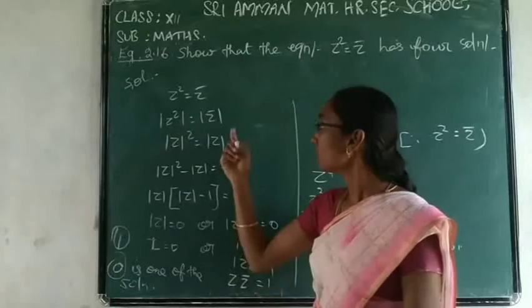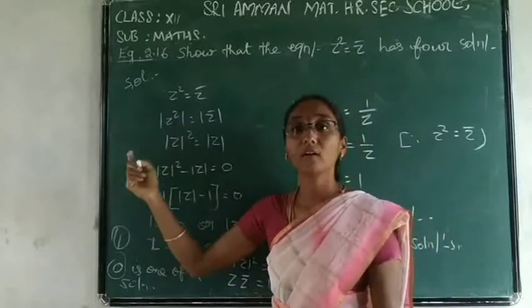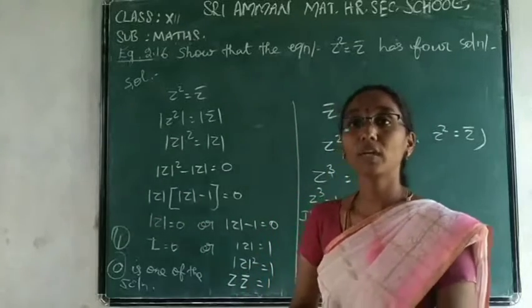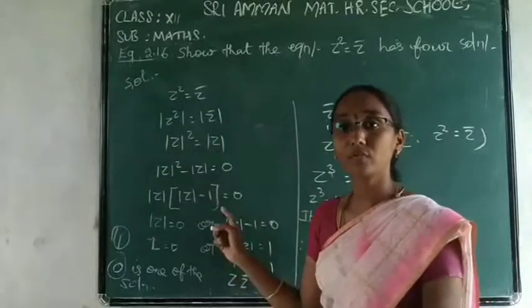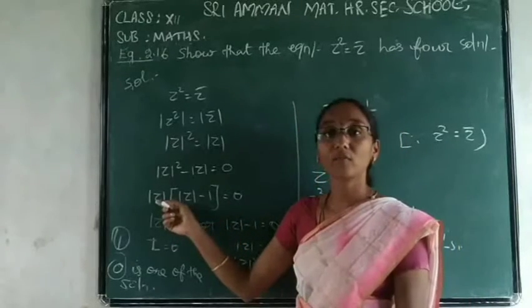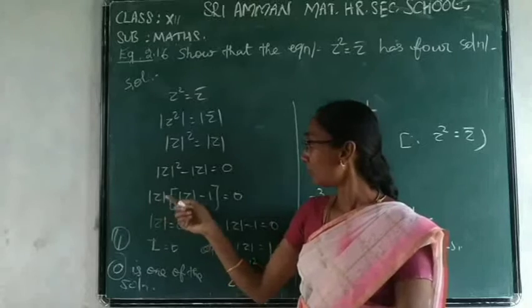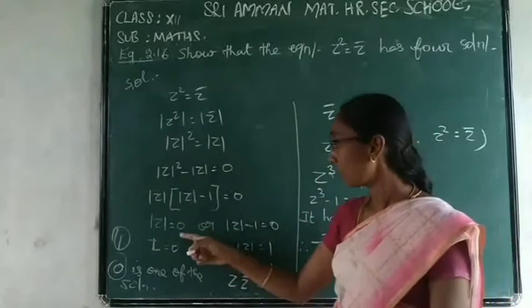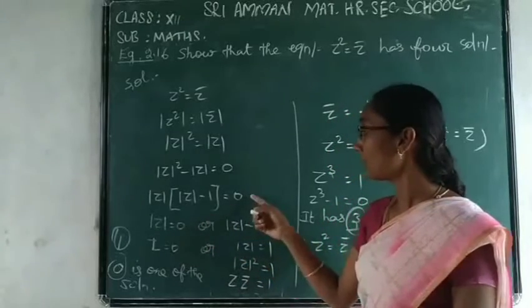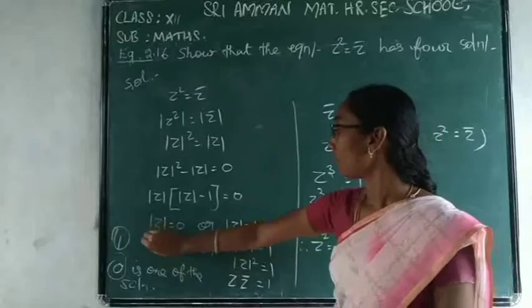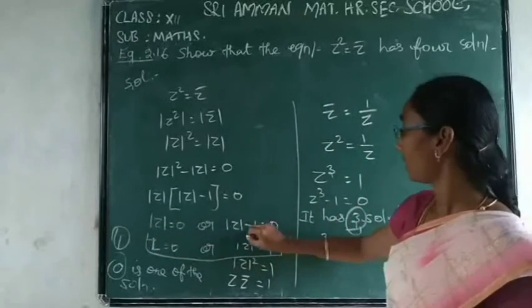Taking modulus of z to that side, we get modulus of z squared minus modulus of z. Now take modulus of z as the common factor outside. So modulus of z equal to 0 or modulus of z minus 1 equal to 0. This is a very, very important line.